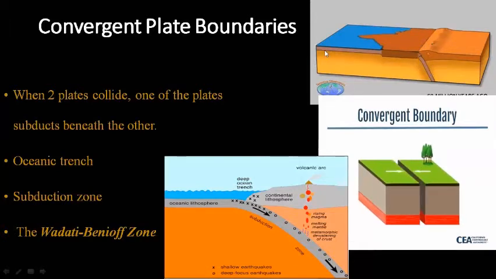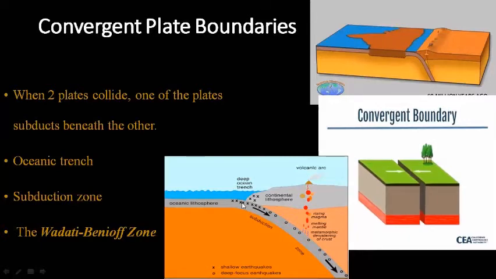Like over here, this plate is coming and there is another plate, and one of them is going beneath the other. The particular place where it goes beneath the other is called the oceanic trench.